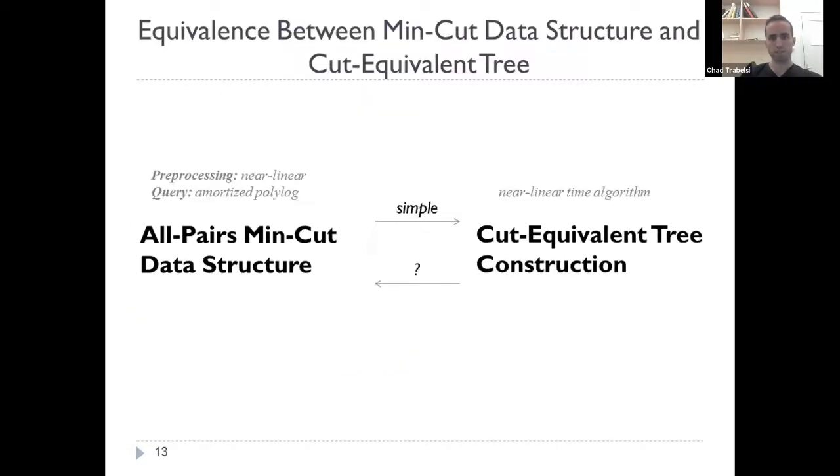One direction is simple. If we want to reduce the all-pairs min cut data structure to the cut equivalent tree construction, then in the paper we show, by a simple reduction to two-dimensional range queries, that it is simple. But the other direction is not clear.